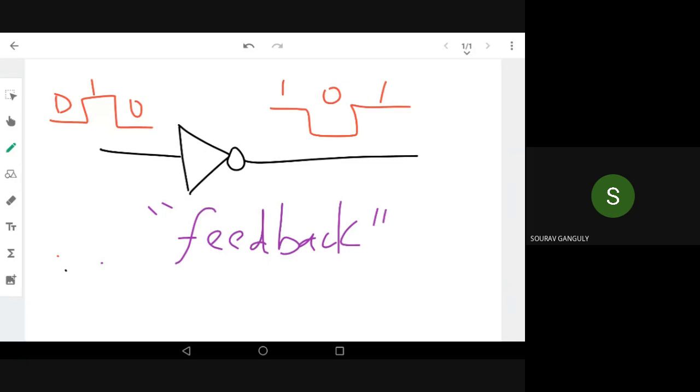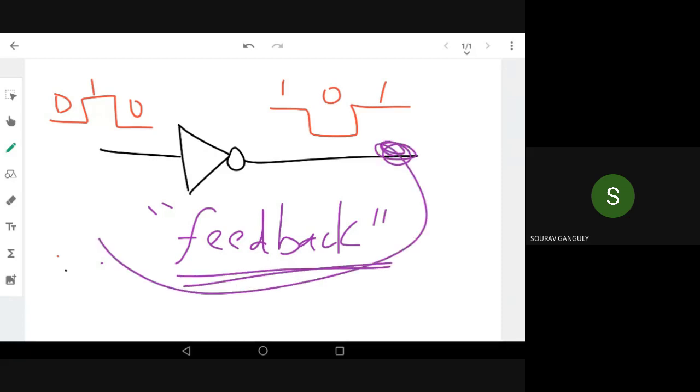That's the logic of feedback. Whenever you have feedback, there is a high chance that you have memory. Feedback gives memory, and this memory is what makes the sequential logic, right? So this is the sequential logic secret. We have a path from the output to the input.